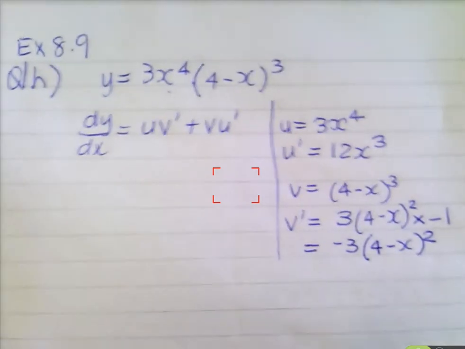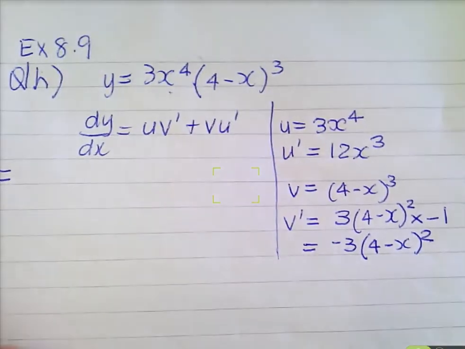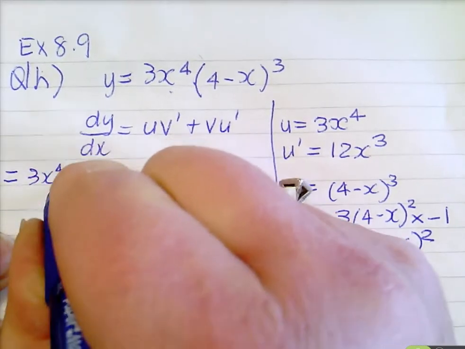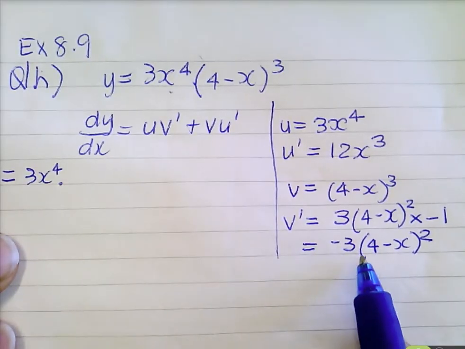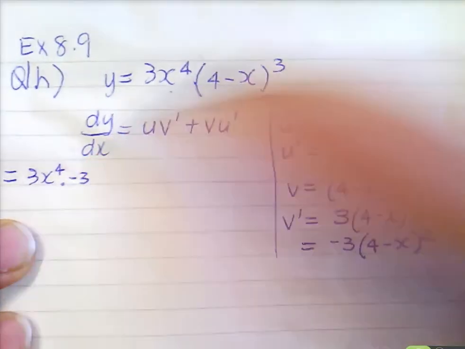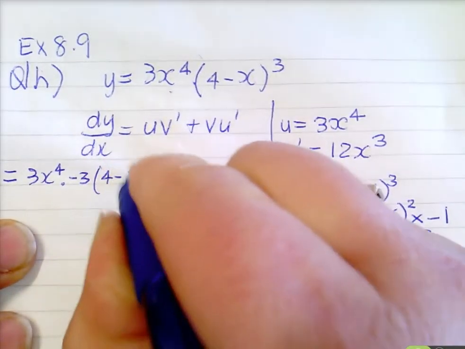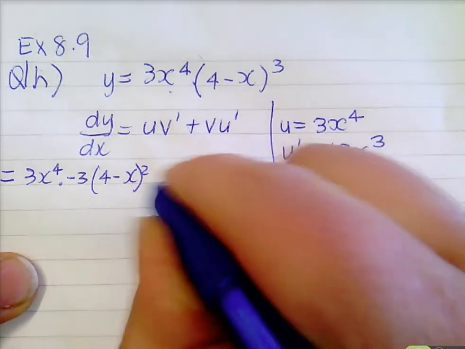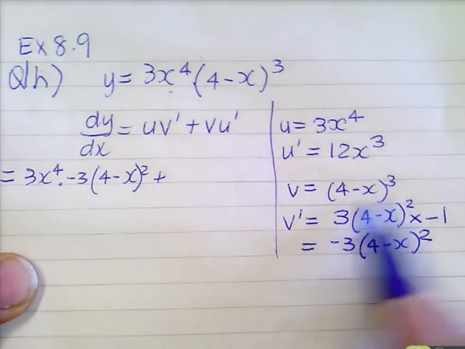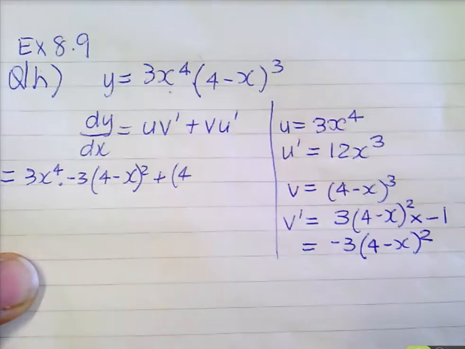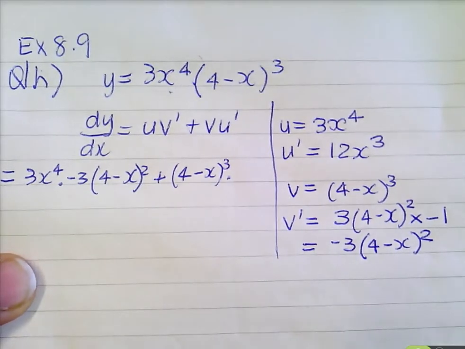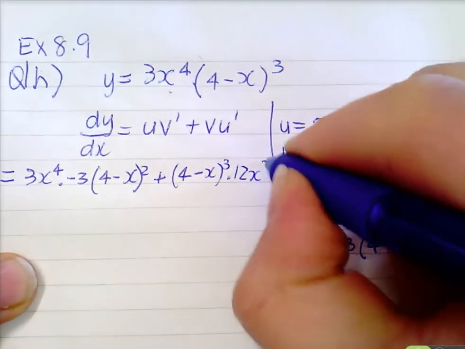Now we substitute. So dy/dx equals u times v dash, which is times negative 3 (4 minus x) all squared, plus v, which is that, and u dash, which is 12x cubed.